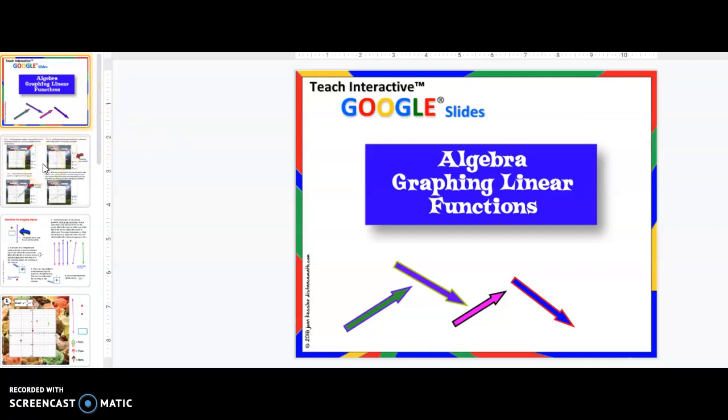I found a Google slide regarding graphing linear functions using slope and y-intercept. If you remember, when you graph, you have to plot your y-intercept, then count your slope and connect the dots.